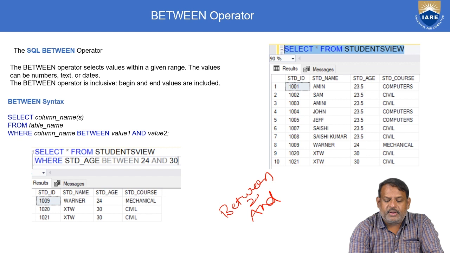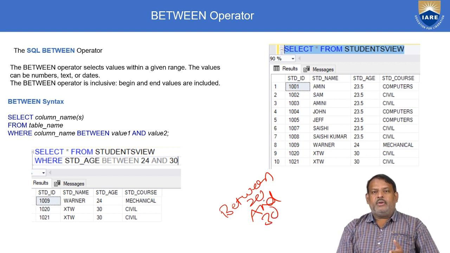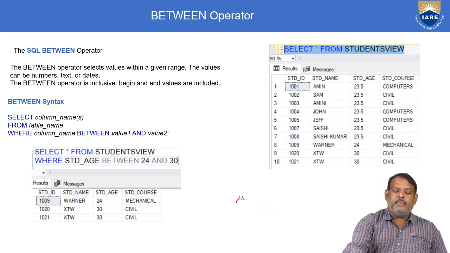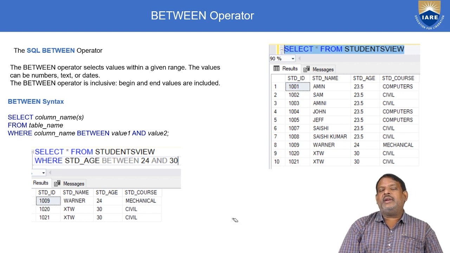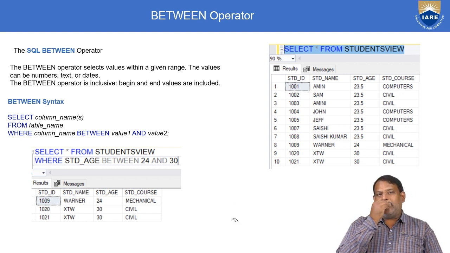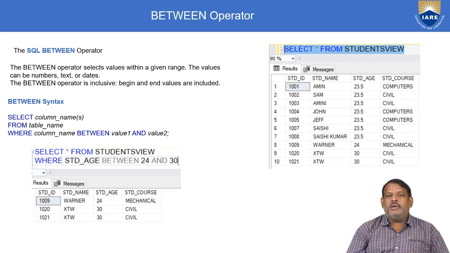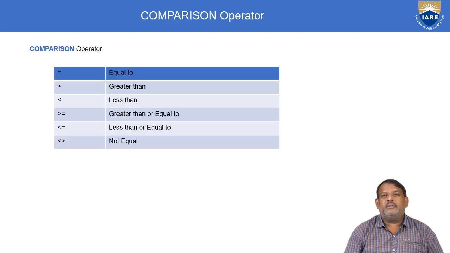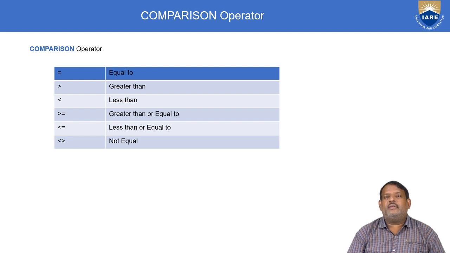BETWEEN 20 AND 30 means from 20 to 30, all the values will be included. This is basically used for salary comparisons or date comparisons, where joining date is between two dates. If you give two dates, all the students who joined between those dates will be displayed. Then comparison operators: equal to, greater than, less than, not equal.